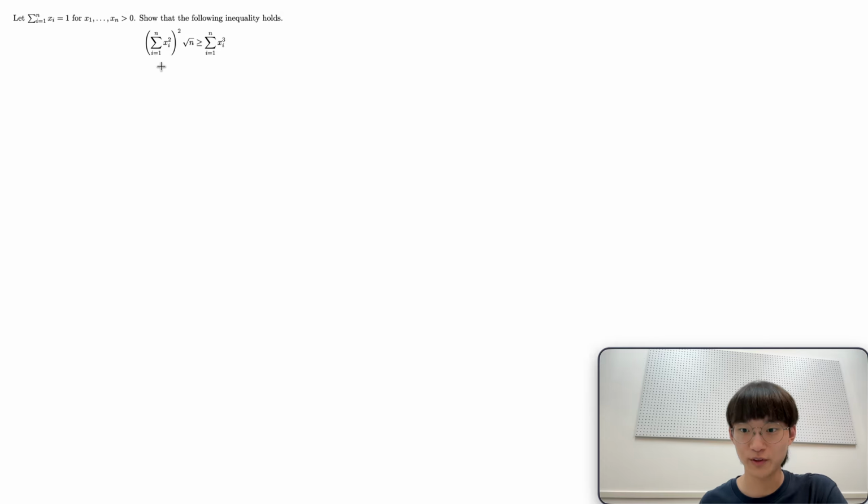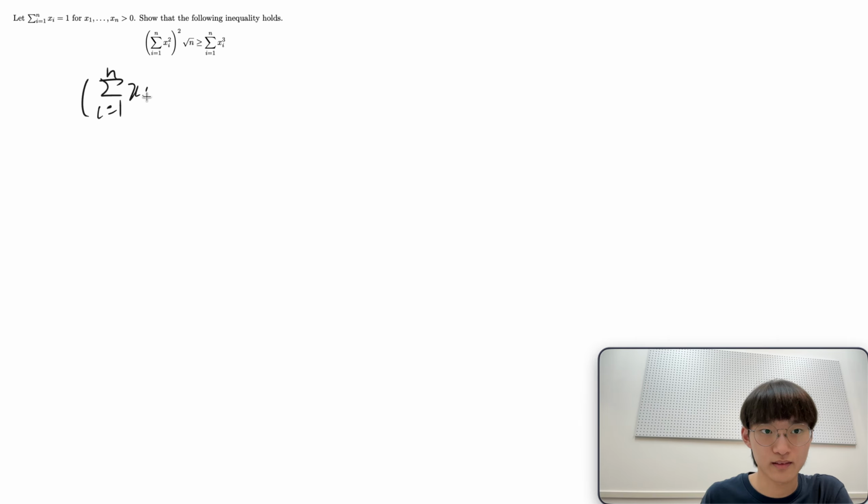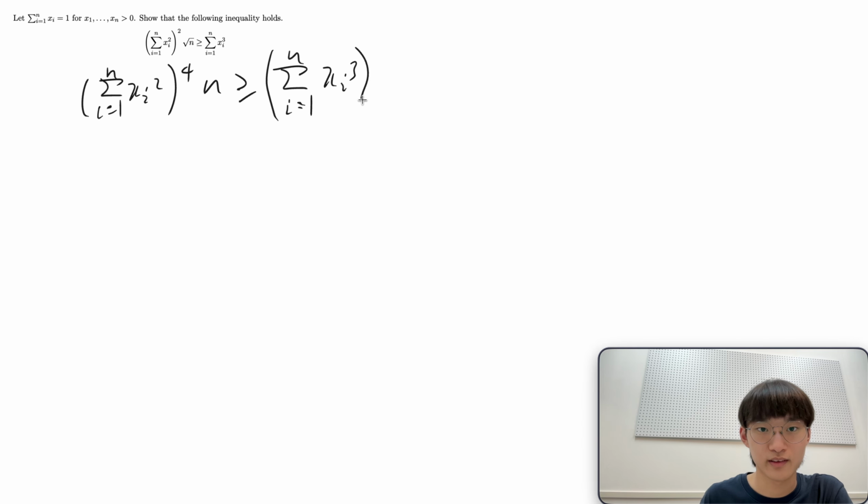So what we're going to do here is, first of all, we want to show that it suffices to prove that we don't want square roots here. So it suffices to show that the sum over i equals 1 to n is greater than or equal to this thing squared.